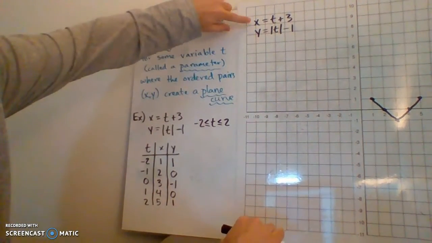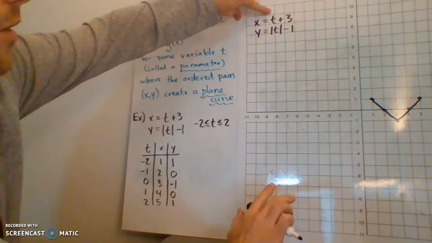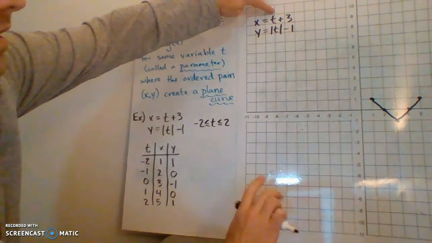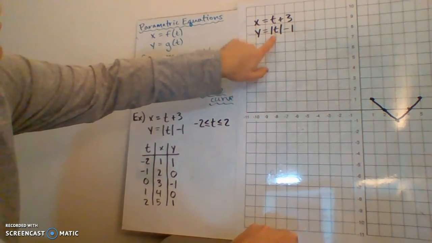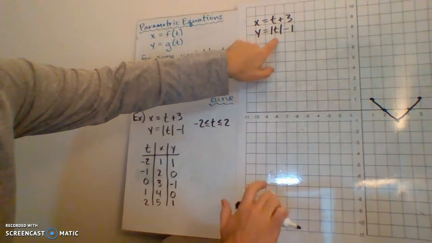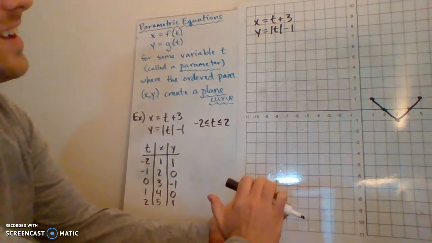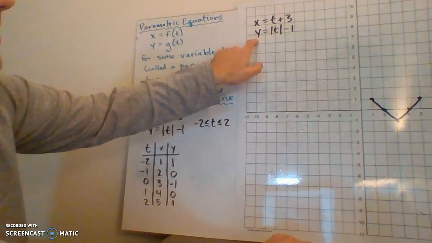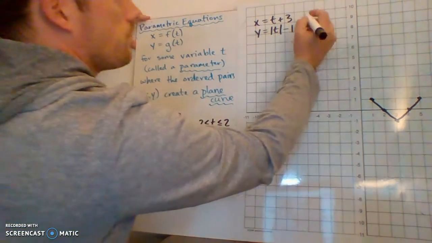Well, I noticed that in my first equation, I've just got a t by itself. And so if I just get rid of this plus 3, then I'll have t alone on one side of the equation. If I were to try to solve for t with this equation, it gets a little bit more complicated because we have absolute value around it. Plus, since we're trying to solve for y, it makes sense to leave this as y equals and try to substitute in for this t here.